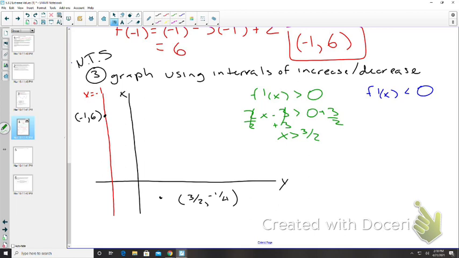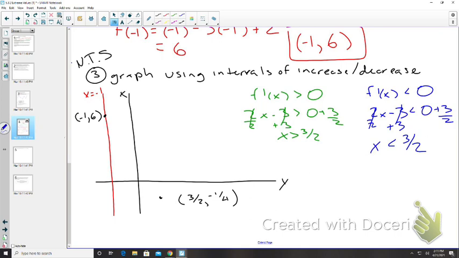Okay, so let's do the other one as well. When is 2x minus 3 less than 0? Well, plus 3 divided by 2. When x is less than 3 over 2, it is decreasing. The slope is decreasing, right? What is this going to look like, Quinn?